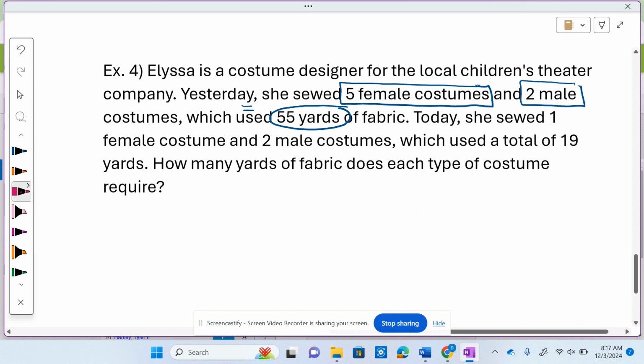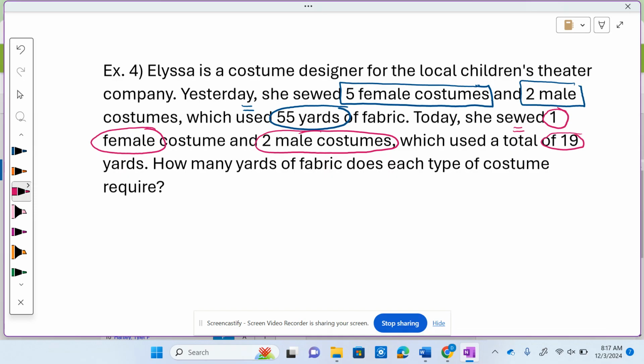I also know that I sewed 1 female costume and 2 male costumes for a total of 19. The question is always the variable. The question that's being asked is always our variable. And the question is, how many yards does each type of costume have?